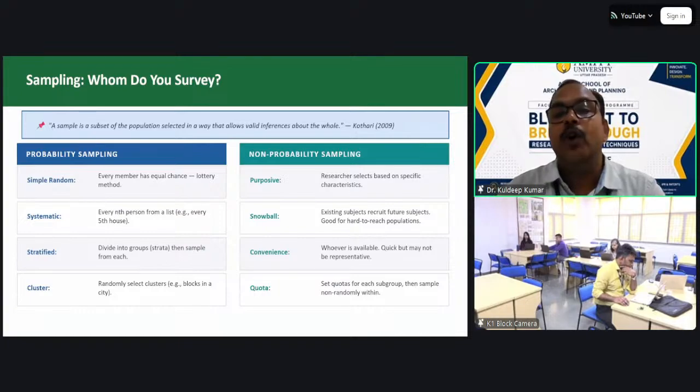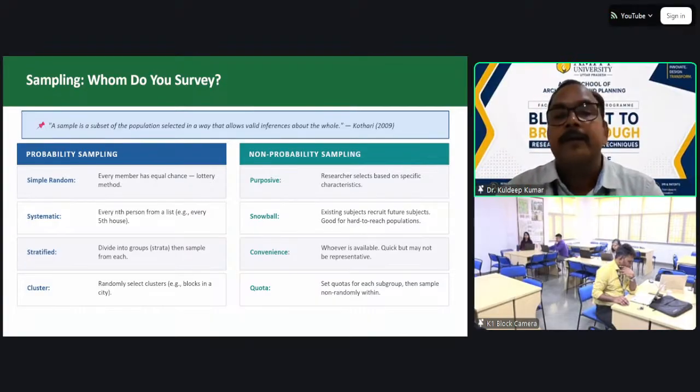Now we have talked about what to survey. Now whom do you survey? Let's have an overview of this also. We never survey everyone in the population. Instead, you select a sample, which is a subset of the population that is representative of the whole.